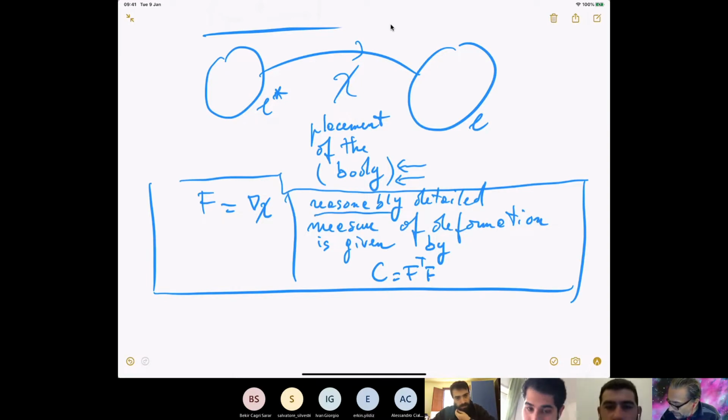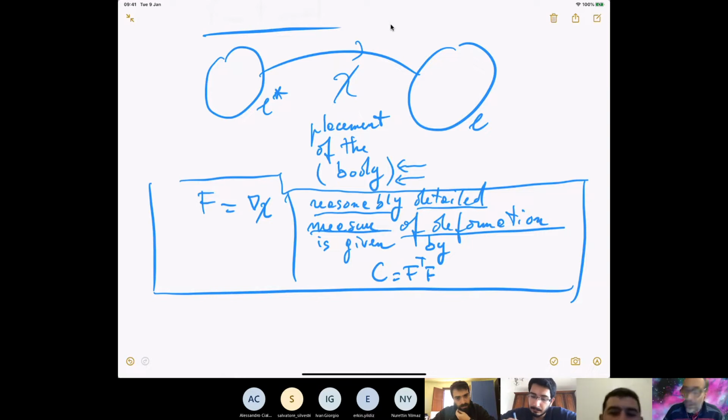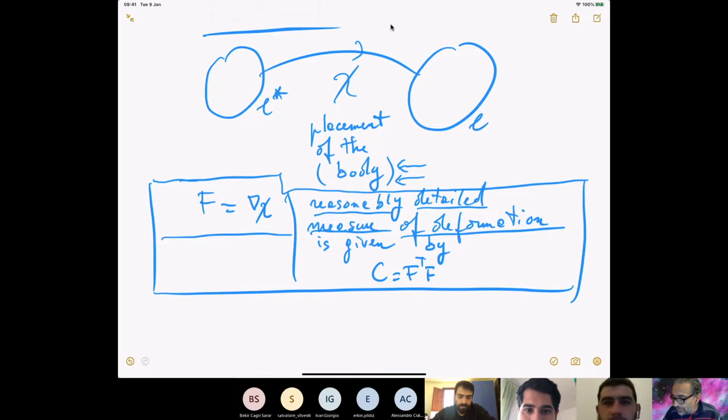Why do I say reasonably detailed measure of deformation? Because there are mechanical systems in which the measure of deformation has to be described mathematically with other fields. For instance, we are working with Erden on a theory for a specific class of materials in which the deformation is not described reasonably with F only.